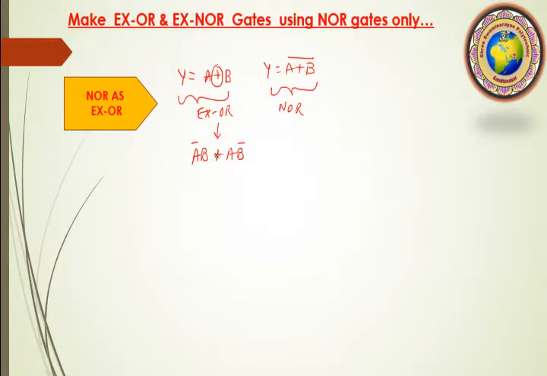So first of all we take the single input and then convert it. Suppose this is A bar, so I take one NOR as a NOT, and this A becomes A bar, and the B I have taken directly. Okay, so this form is available: B and A bar. Now this is a dot product. For the dot product, I know that I require 3 gates.